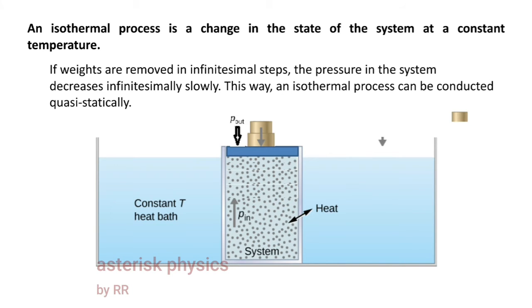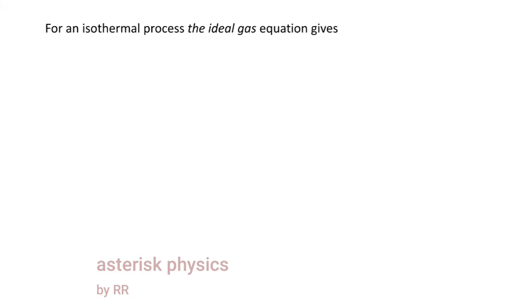If weights are removed in infinitesimal steps, that is, in small steps, the pressure in the system decreases infinitesimally slowly. This way, an isothermal process can be conducted quasi-statically. For an isothermal process, the equation of state of an ideal gas gives PV is a constant.